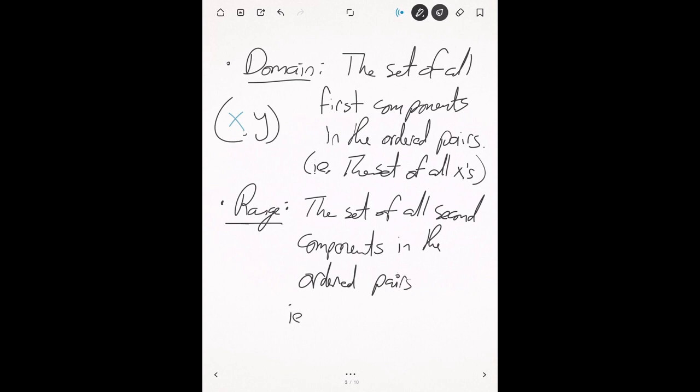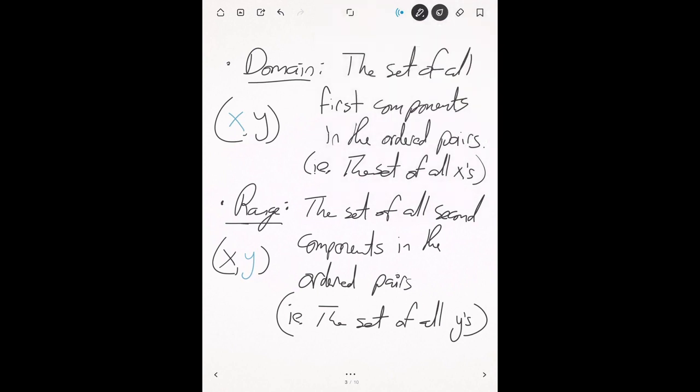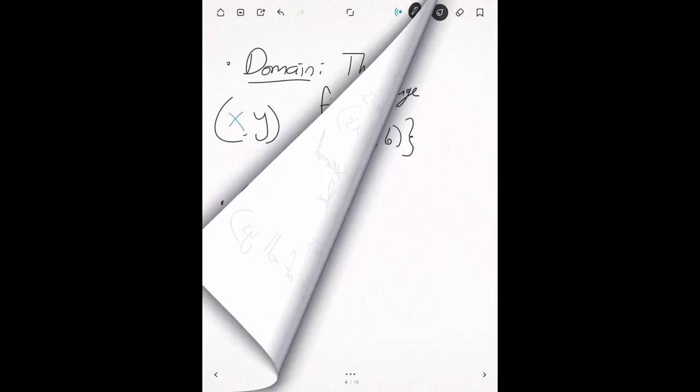And for our class, that basically just means the set of all y's. So while the domain was a set of all x's, the range is going to be the set of all y values. And this is kind of how we're first going to start looking at what the connection is between all of the x's and all of the y's.